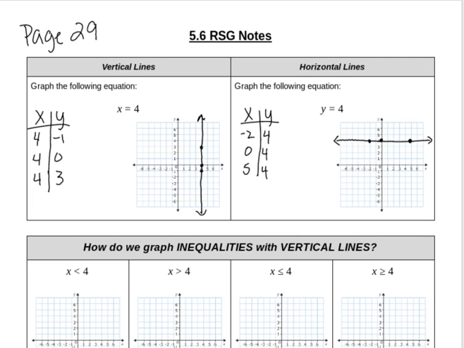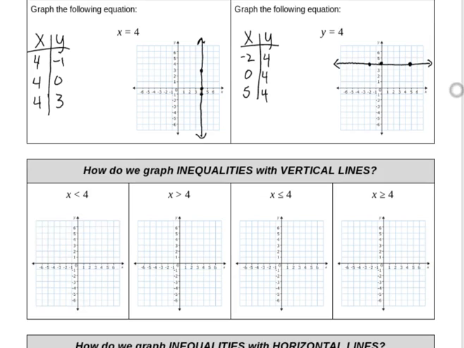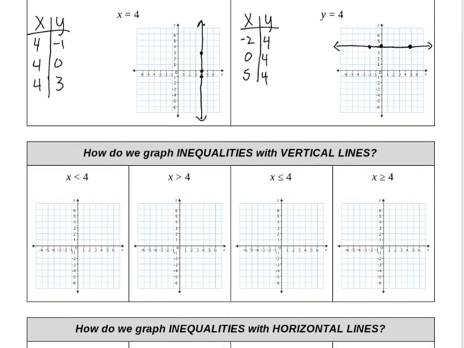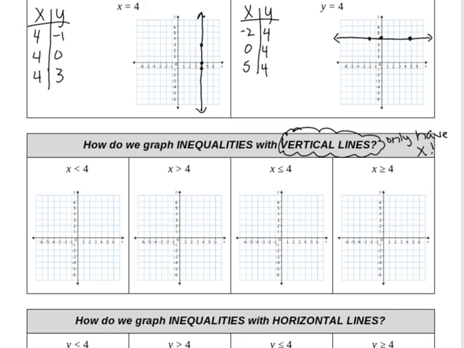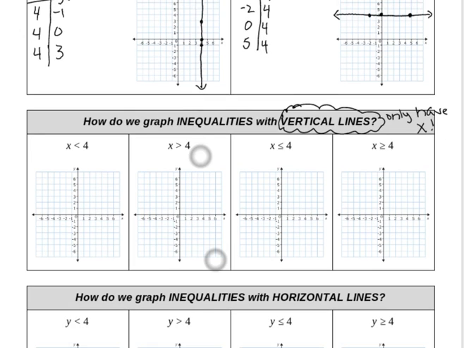So we're going to take these ideas about vertical and horizontal lines and we're going to apply it to the inequalities that we were graphing in 5.5. So notice these are all going to be vertical lines, which means they only have an x. All right, so if we want to graph this first one, x is less than 4, well, we notice that it's a less than symbol.